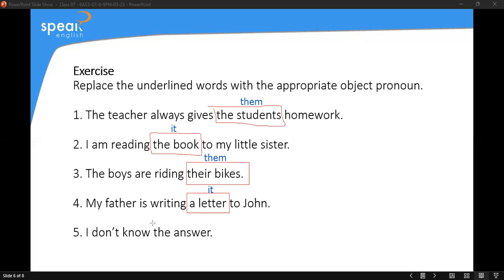The answer. Excellent. What you don't know? The answer. So how can I change the answer with the object pronoun? I don't know it. Excellent. I don't know it. I don't know the answer. Very good.